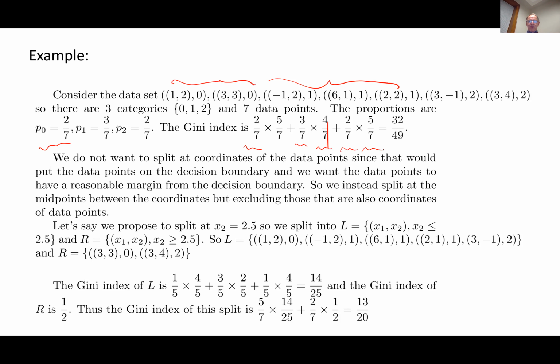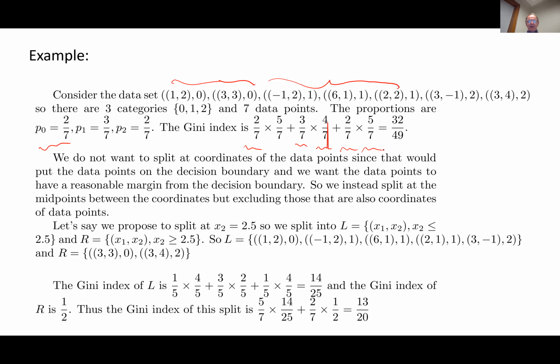We don't want to split exactly at a coordinate that appears in these points here, because that would mean that this point is going to lie on the decision boundary. We'll see what the decision boundary we get in a little bit. But we don't want to split exactly at one of these points here, because that would put this point at the boundary.